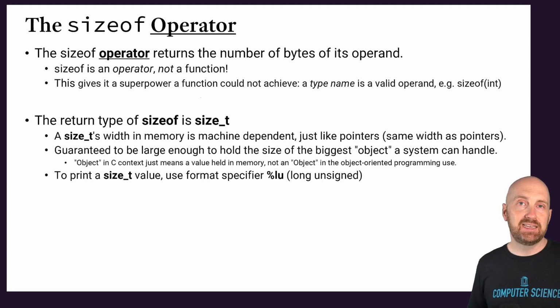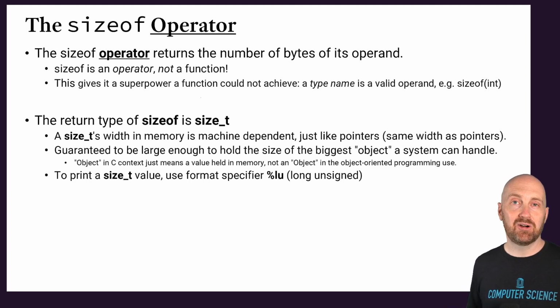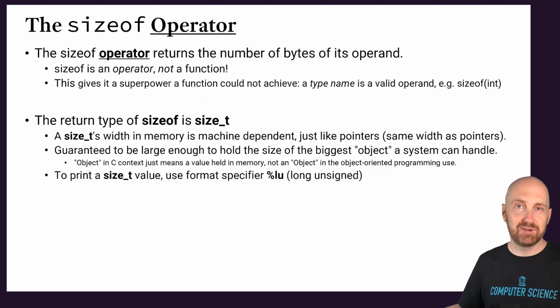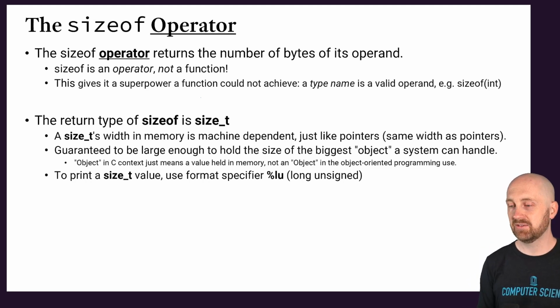And this gets back to the idea that if we are allocating values that could be arrays, and those arrays can be a size up to as many bytes as there are on a given machine, well, we need to be able to have a size_t type that can reference the total size of memory, which on a 64-bit machine is going to be 64 bits. So size_t on a modern machine is going to be 64 bits.